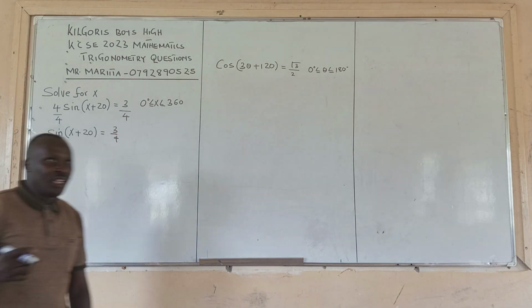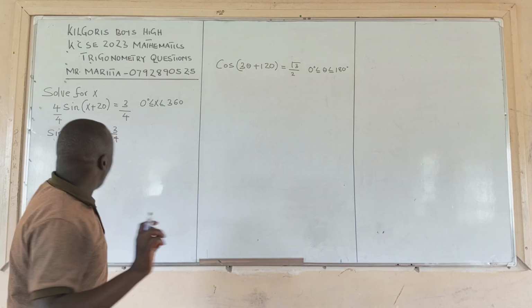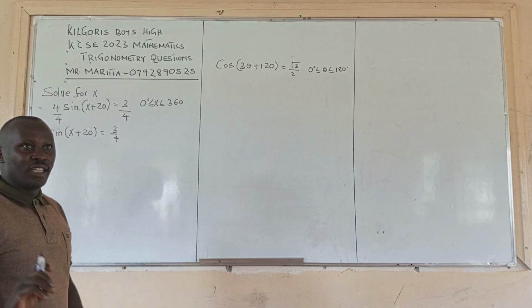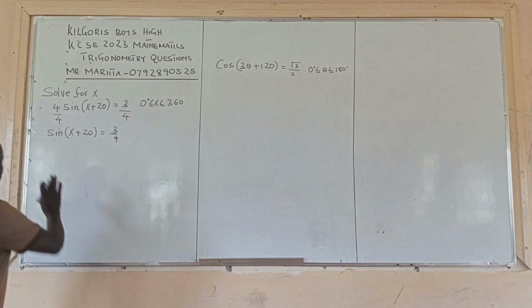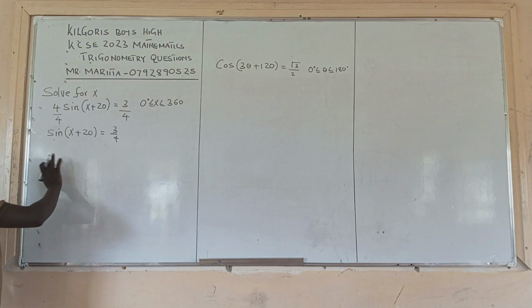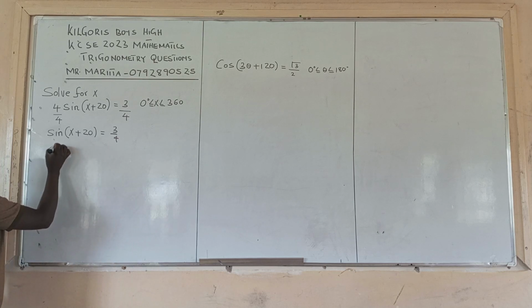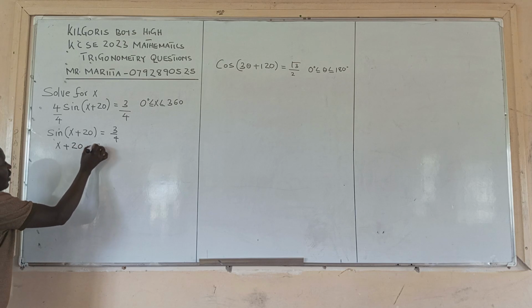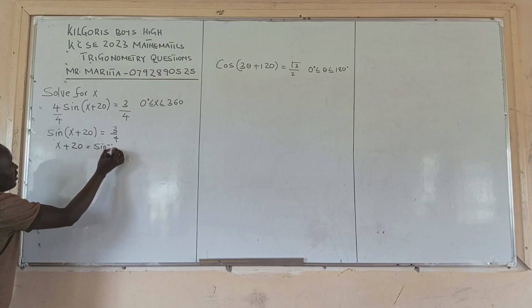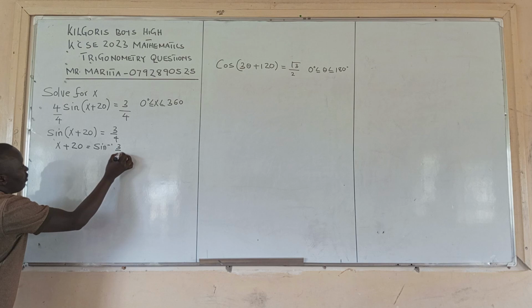After dividing, we are now supposed to find the sine inverse on both sides. The sine inverse and sine cancel, and we remain with x plus 20, which is equivalent to the sine inverse of 3 over 4.